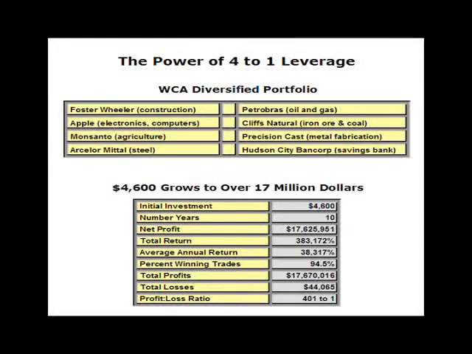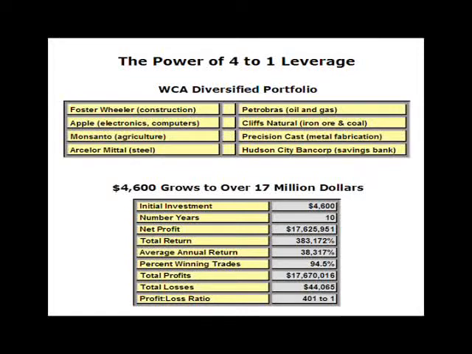Now, looking at the historical profit results, we can see that the major trend system produced tremendous profits trading options with very low risk. A $4,600 investment in December of 1998 produced a net profit of over $17 million before commissions. This equates to a 383% total return on the initial $4,600 investment.